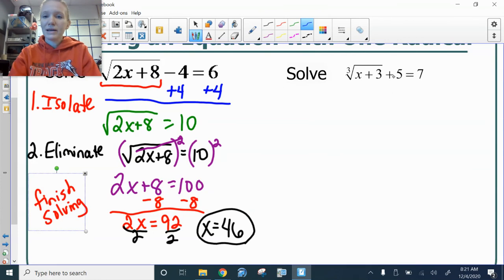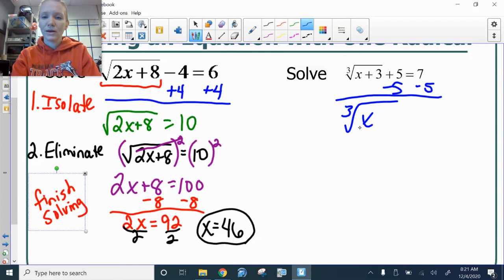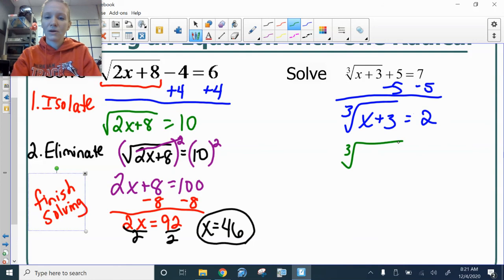All right, so same thing: isolate, eliminate. We're just going to move our 5 over. Cube root of x plus 3 equals 7 minus 5. We get 2. And then in order to get rid of the cube root, and here again, you guys do not have to rewrite it twice like I am. I'm doing it because it's easier to read on notes.